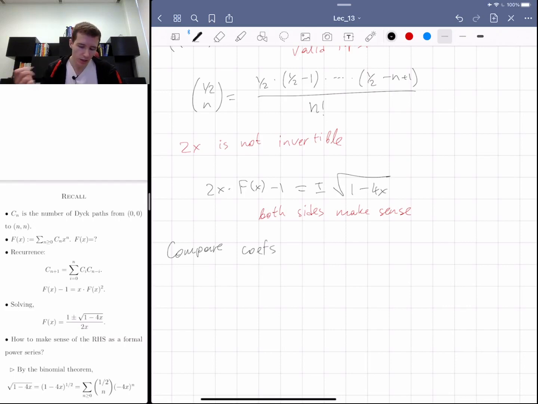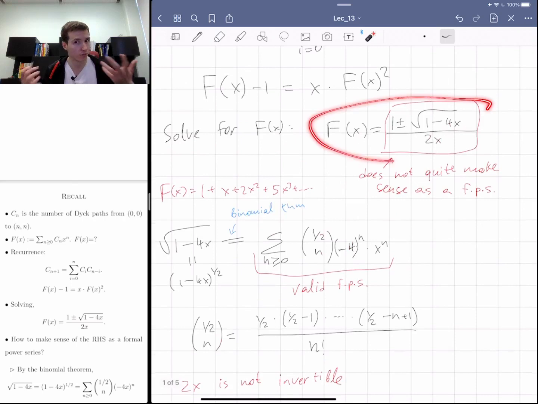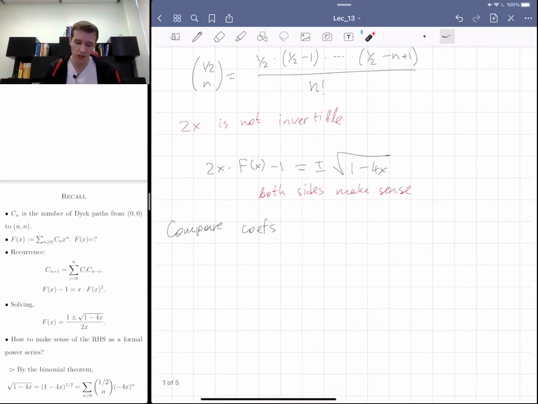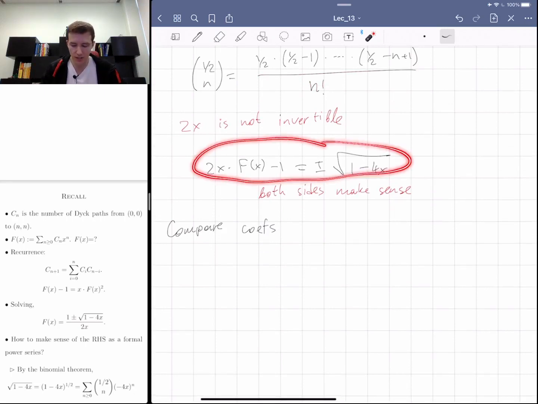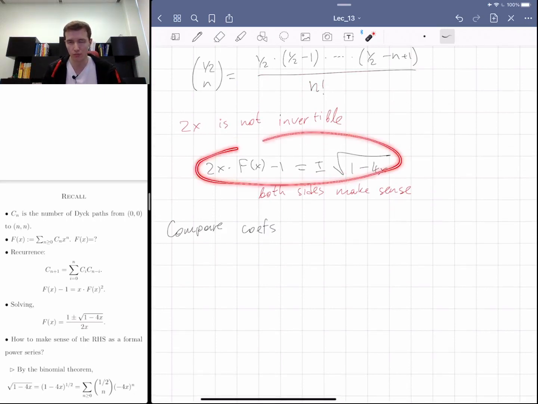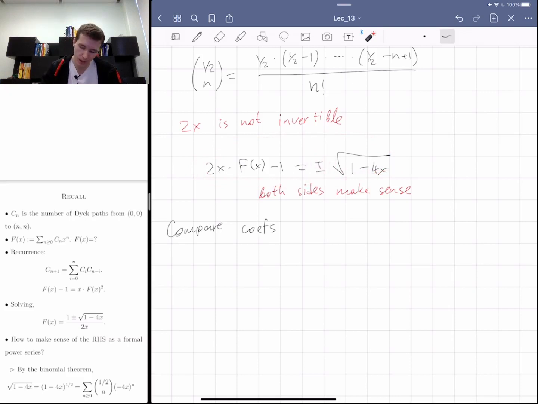Since I made a non-rigorous step of solving a quadratic equation in formal power series, I cannot just right away conclude that f of x satisfies this equation. In fact, there are two equations, one with the plus and another with the minus. So first of all, I have to decide which sign is correct. The easy way to do this is to compare the coefficients of x to the 0, so I want to compare the constant terms.